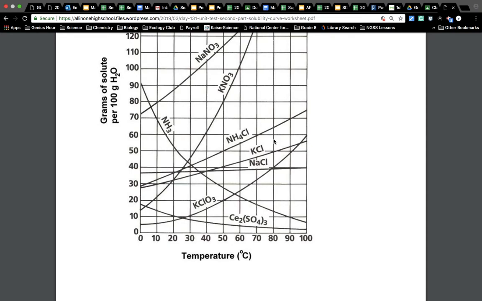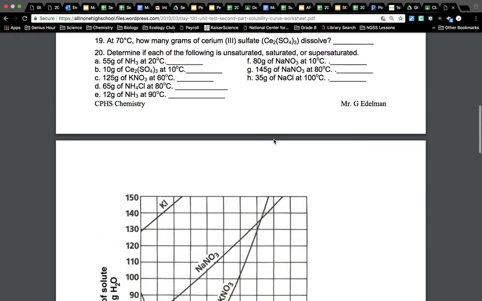So that's about 40 grams or so, I think.